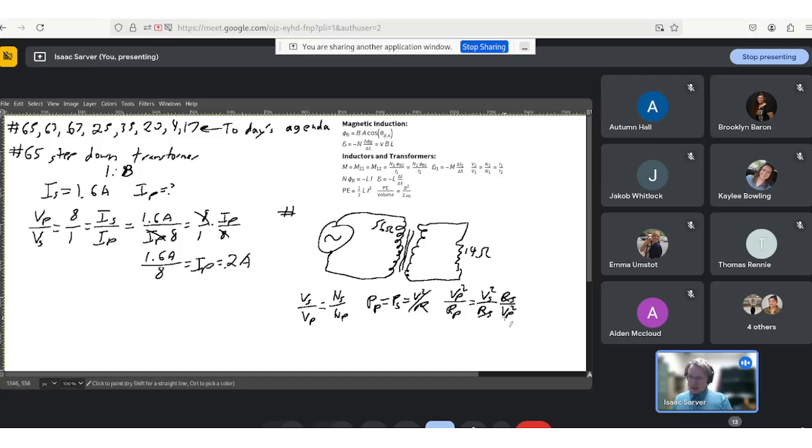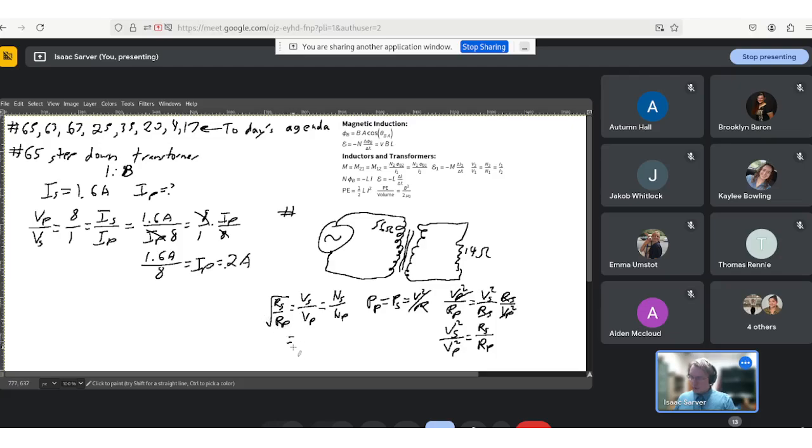So they'll cancel, and we end up with V secondary squared divided by V primary squared, equal to our secondary resistance divided by our primary resistance. Then we need to get rid of these squares, so we take the square root of our secondary divided by our primary.